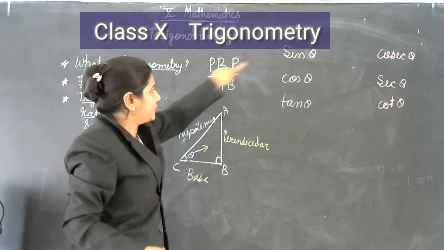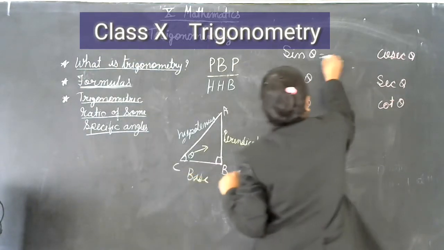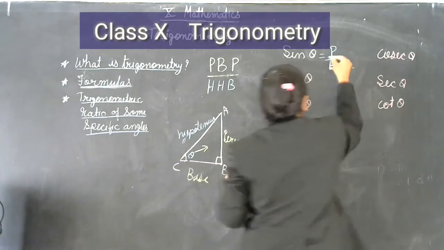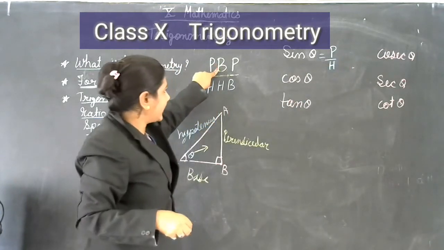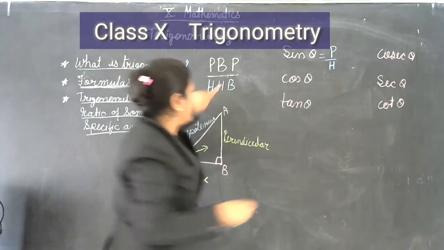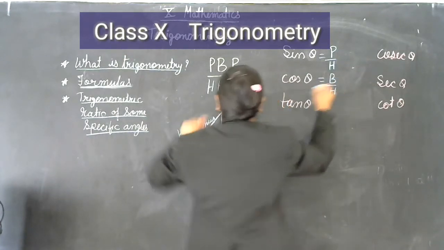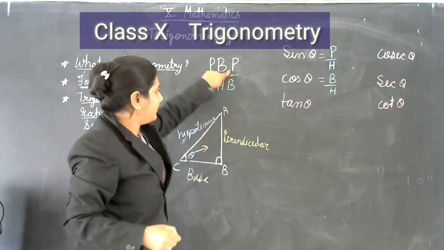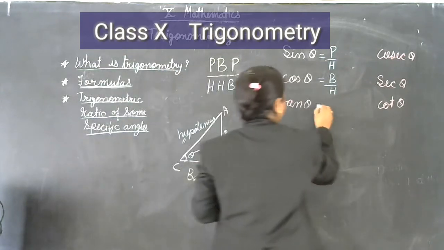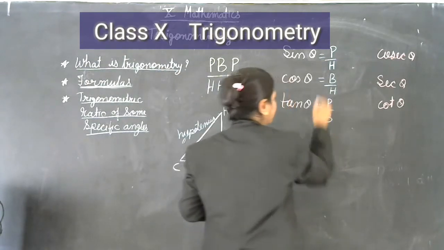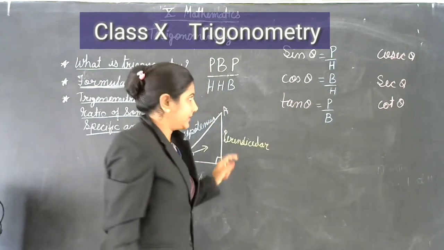P upon H for sin, means perpendicular upon hypotenuse. For cos, B upon H, means base upon hypotenuse. And for tan, P upon B, means perpendicular upon base.